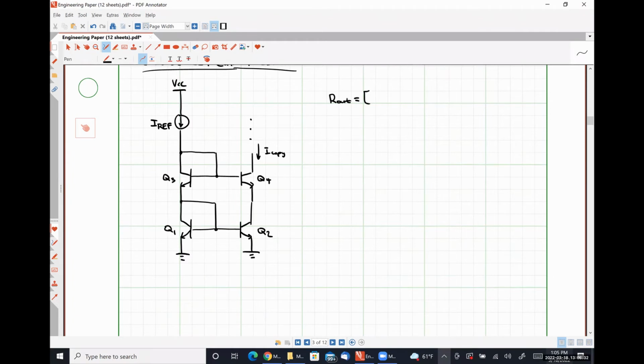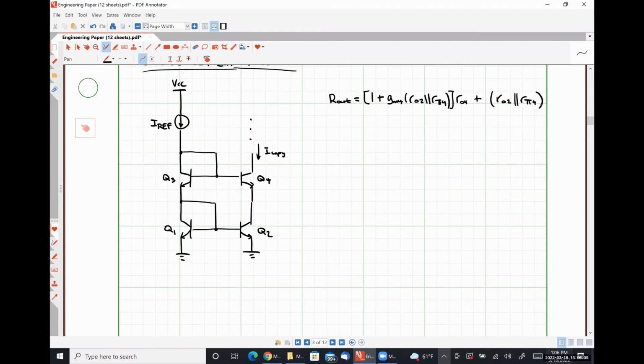So with these particular labels for our transistors, it's going to be approximately 1 plus GM4 times R02 in parallel with R pi 4, all multiplied by R04, plus R02 in parallel with R pi 4.